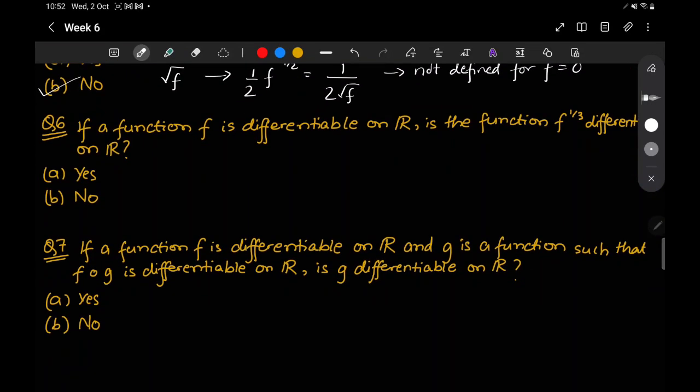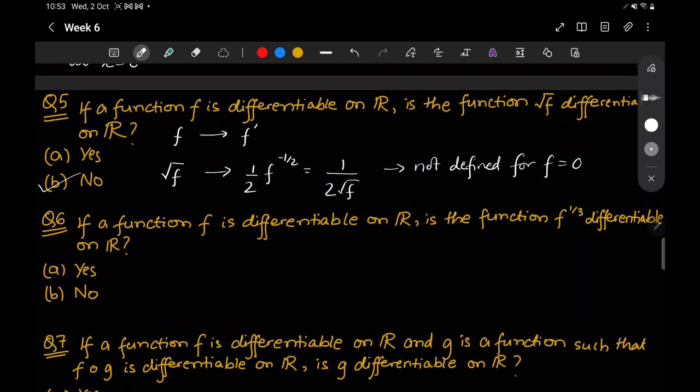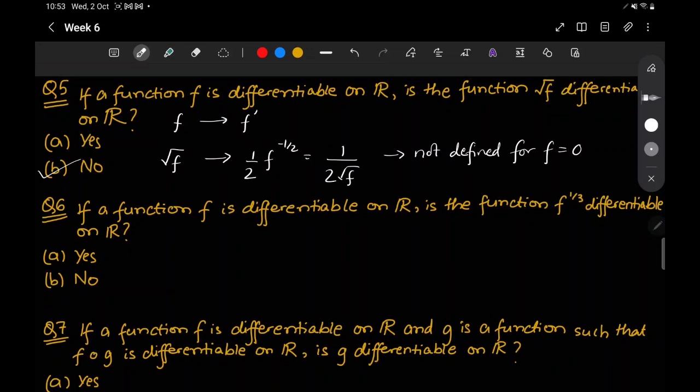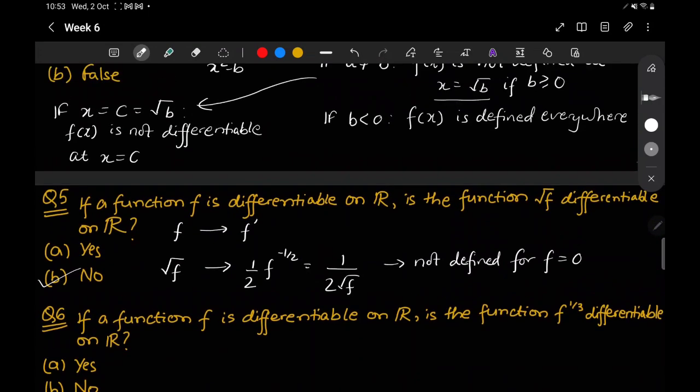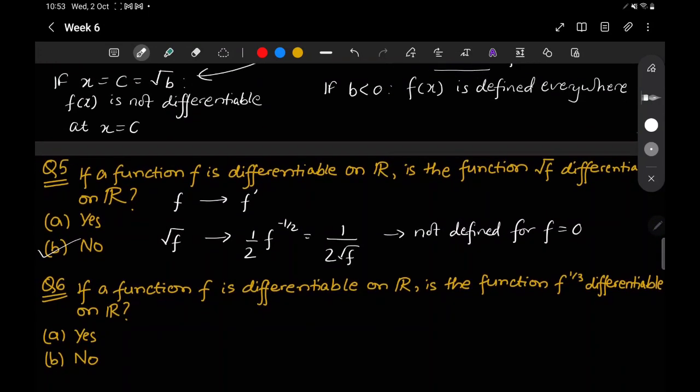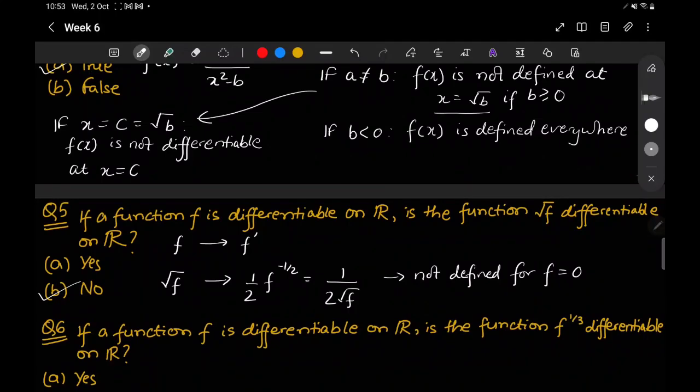Now we can move to the next question. It is a similar type of question. This time instead of square root we have cube root. Another thing in the previous question is that the square root itself is not defined for values of the function less than 0.